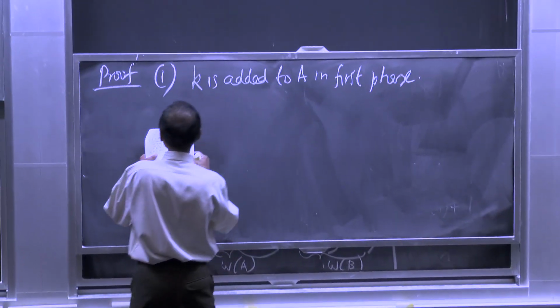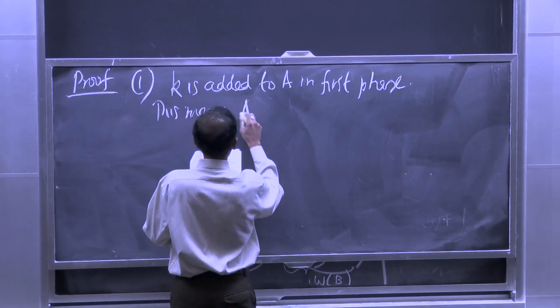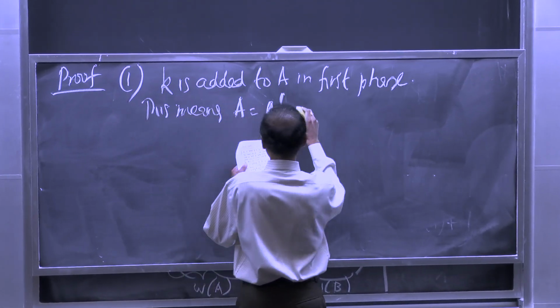So if K is added to A in the first phase, this means A equals A prime.